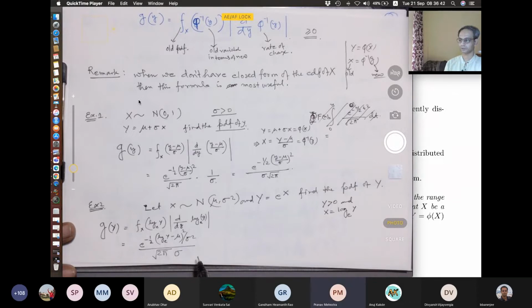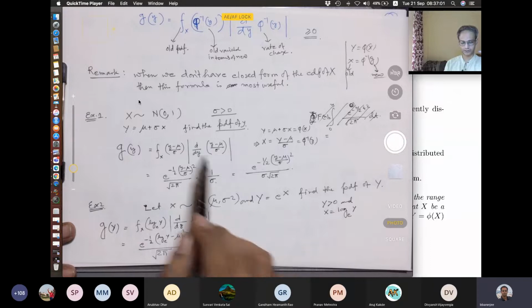Sir, in the previous question, we were taking a normal of mu and sigma, and in this question, we are taking normal of mu and sigma square. For what? What normal mu sigma and what is normal mu sigma square?